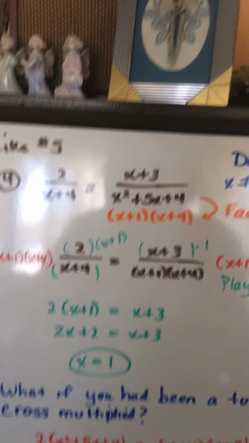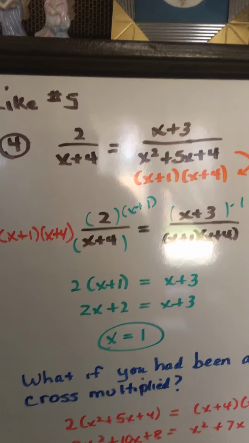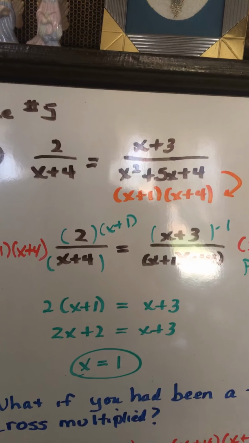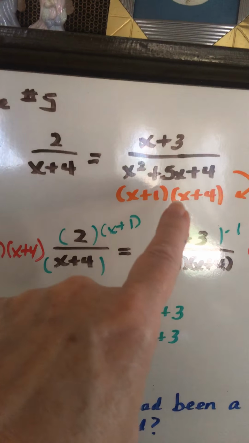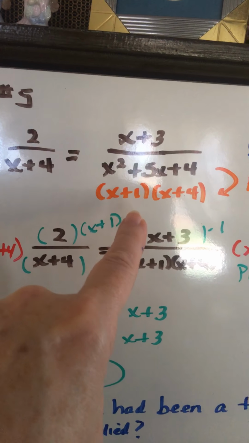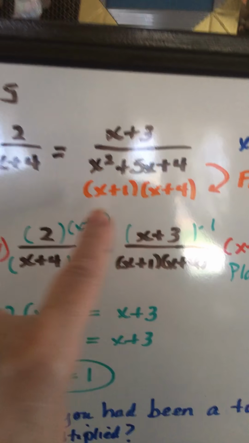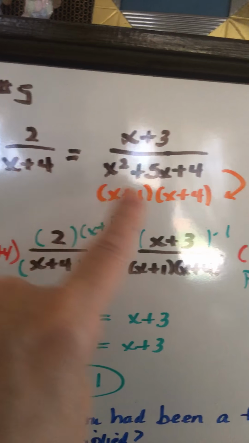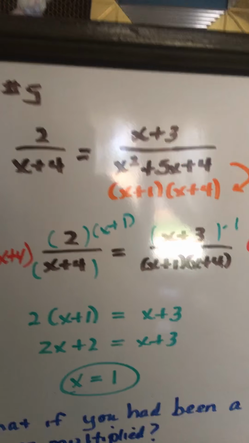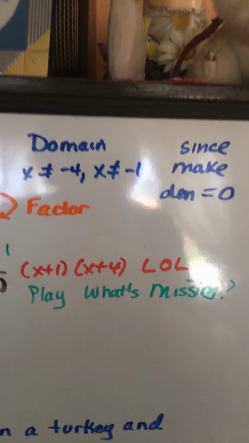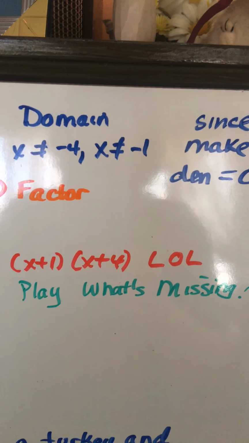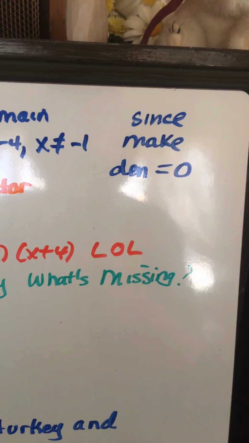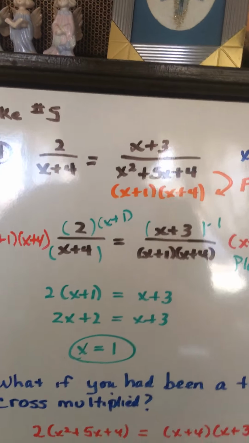All right, now we're going to come to the one that if you cross multiply, you're a turkey. I look at this particular problem, and the first thing I have to do is factor the denominator. These are teacher-made problems, so notice these two share a factor in common. Notice my domain says I can't be negative 4 or negative 1 since it makes the denominator 0.